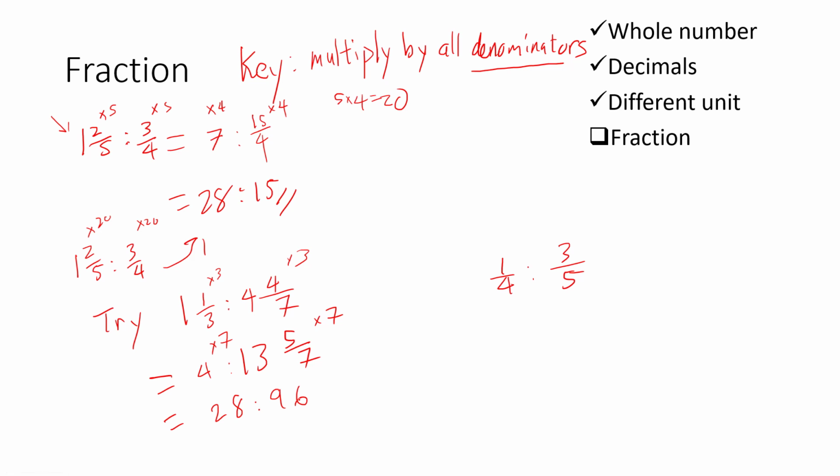And if you type in your calculator 28 over 96, you will get 7 is to 24. The next one actually I think is easier. You should get 1 is to 12 over 5, and this one is equal to 5 is to 12. Alright, so that is about it for fraction.